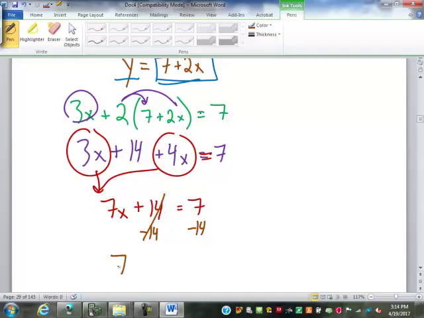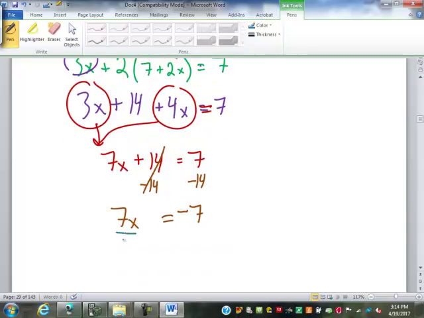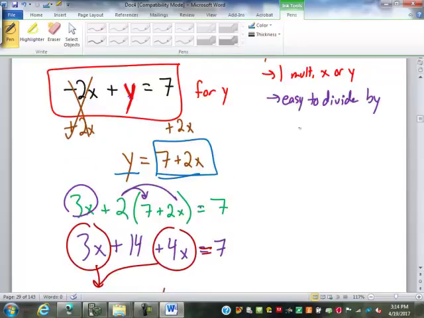So I got 7x here. 14 minus 14 cancels out. 7 minus 14 is negative 7. And then finally we will divide by 7. So x equals negative 1.